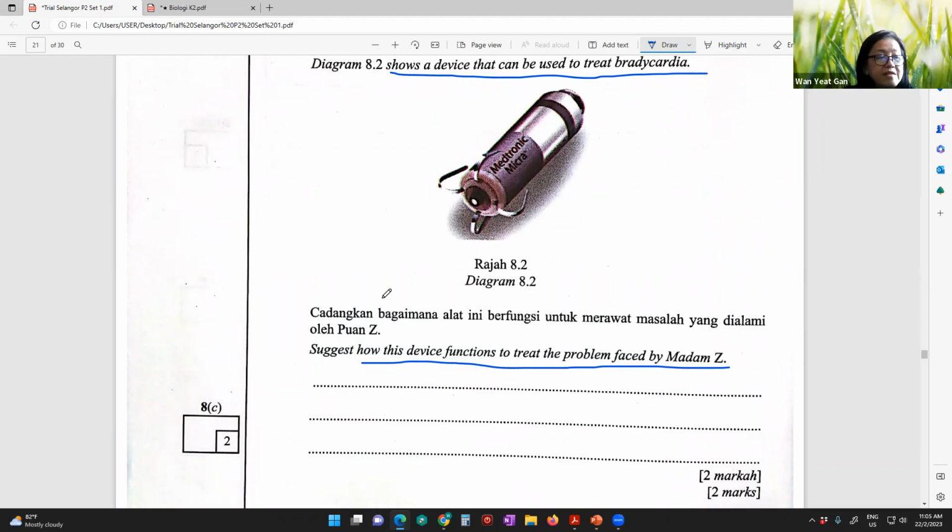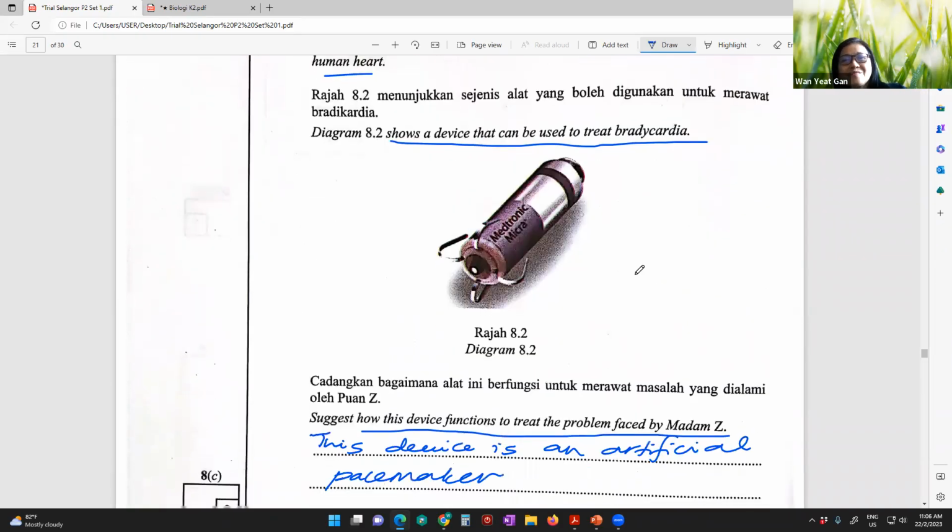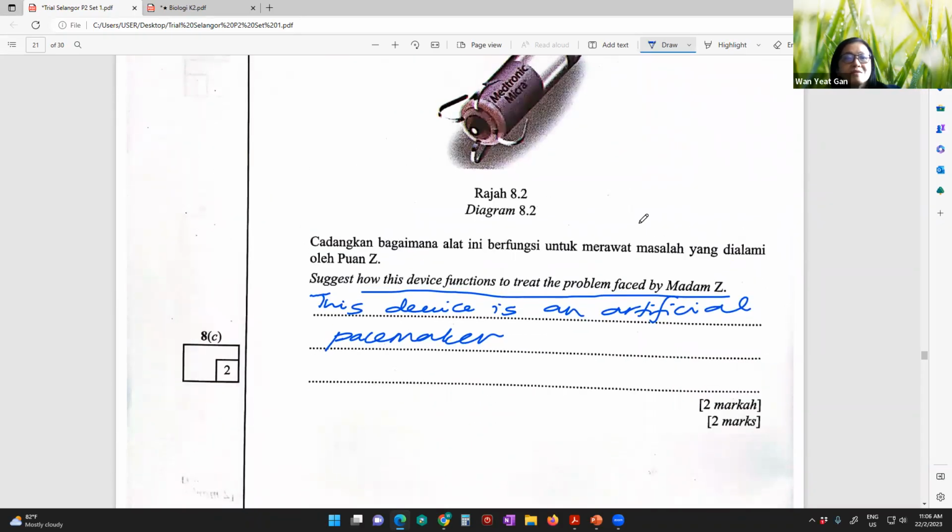Now, this device works as an artificial pacemaker. You can see that she has this problem of having a slower heartbeat. So the doctor will probably insert this to help generate impulses.